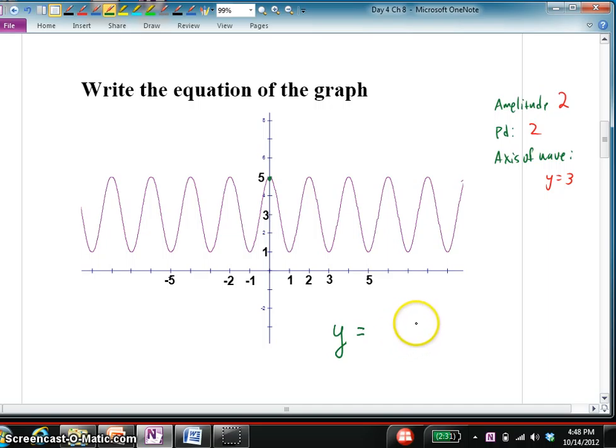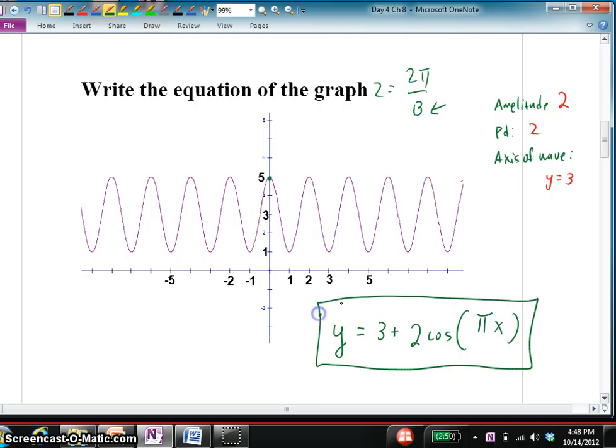So it's 2 cosine of something x plus 3. Now the period is 2. I know that the period is 2 pi over b. So what does b have to be so that this is 2? Well, it would be pi. So this is the simplest equation I could probably write for this graph.